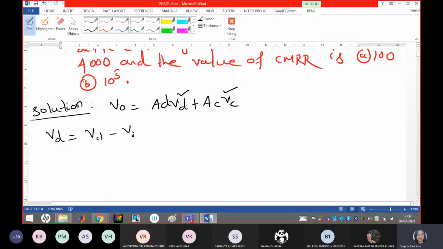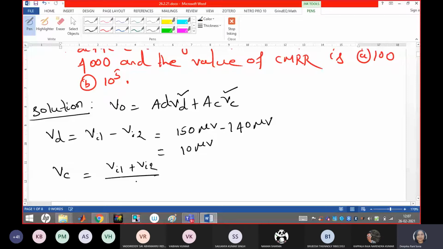VI1 minus VI2. So VD can be calculated like this: 150 microvolt minus 140 microvolt. What is the answer? 10 microvolt. Similarly, VC, the common mode voltage, is VI1 plus VI2 by 2.